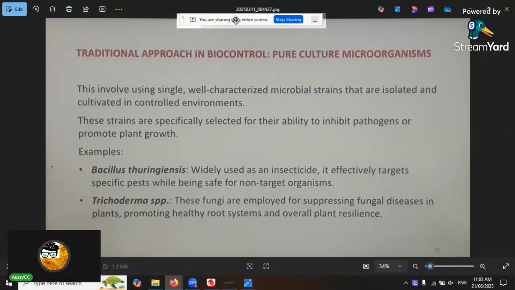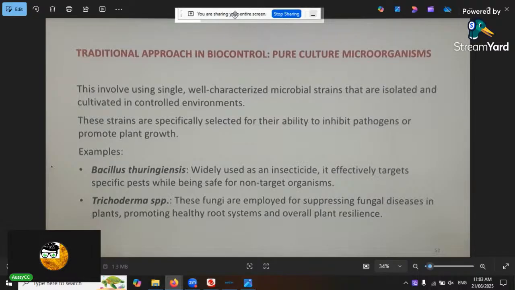So, the traditional approach in biocontrol: pure culture microbes. This involves using single, well-characterized microbial strains that are isolated and cultivated in controlled environments. The strains are specifically selected for their ability to target different pathogens and to promote plant growth. For example, Bacillus thuringiensis is widely used as a bioinsecticide, and it works really well, as do Trichoderma species.